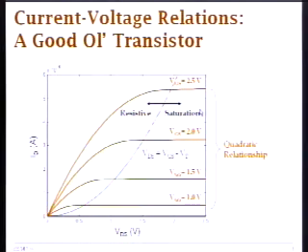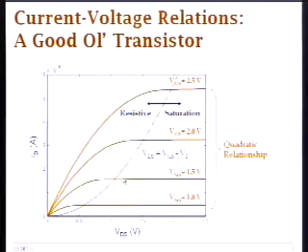What you observe in this graph is that the separation of these curves, ID versus VDS, for different VGS values gets larger and larger for the same incremental increase in your VGS. And therefore we have a quadratic relationship between ID and VGS.